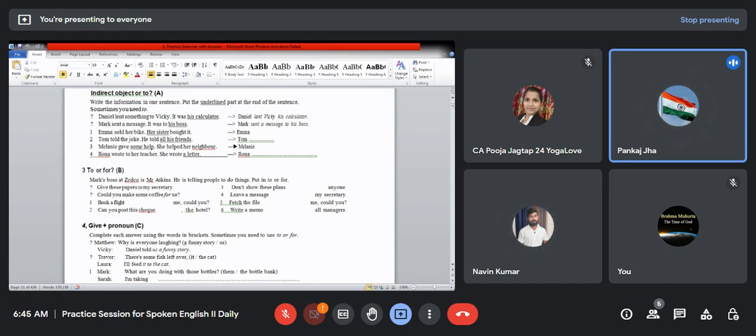Suppose one discussion regarding a cow. Then you should write 10 sentences in the beginning, in a book or notebook. So these 10 sentences are your own made sentences, Navinji.